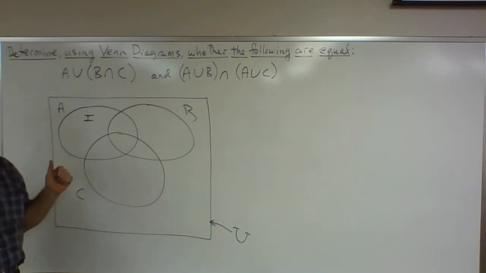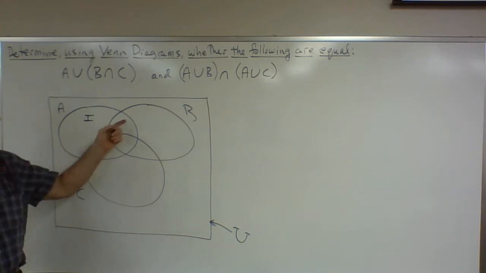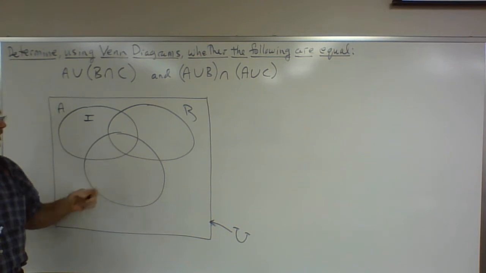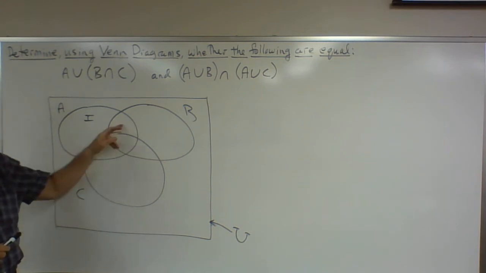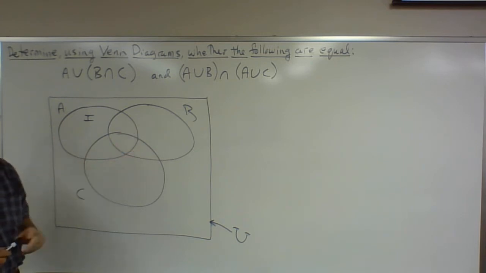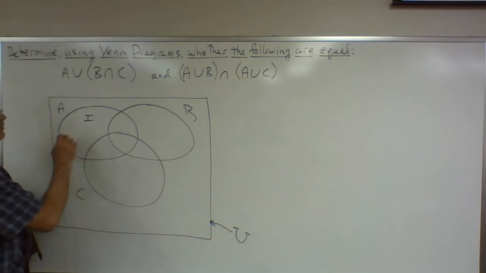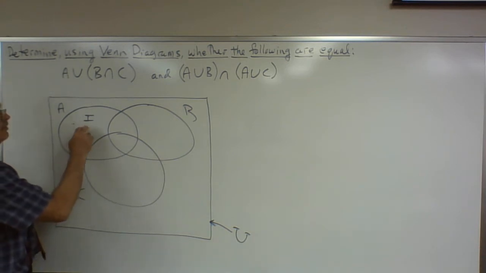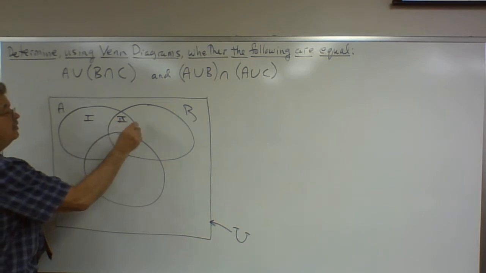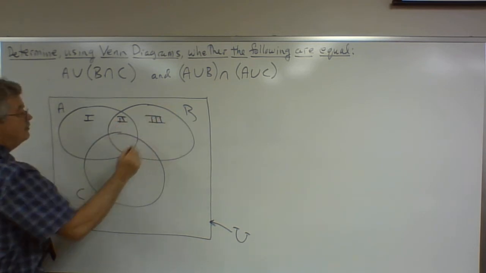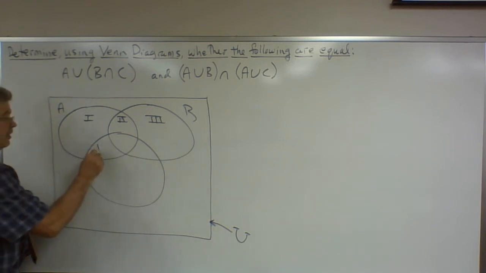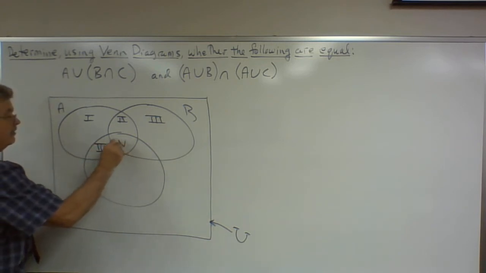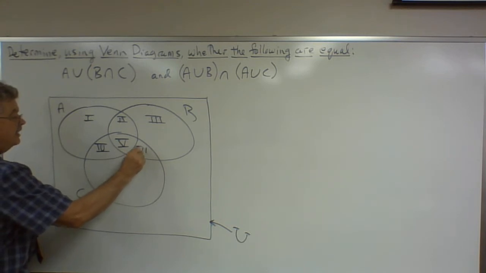What we're doing now is labeling the disjoint regions of our universe. If we have 3 sets, they can be used to partition the universe into 8 disjoint regions. Going across the top, region 1, 2, 3, and then from left to right across the middle, 4, 5, 6.